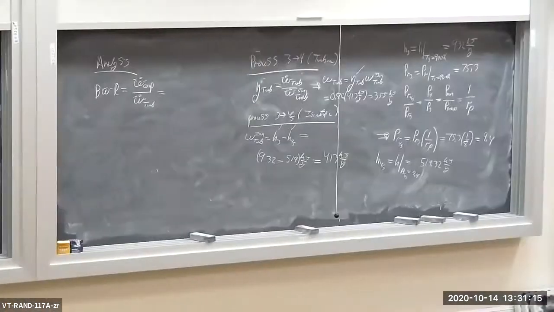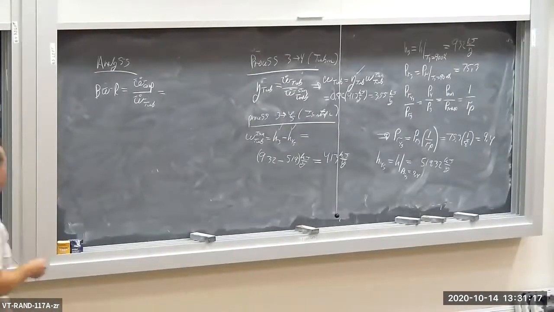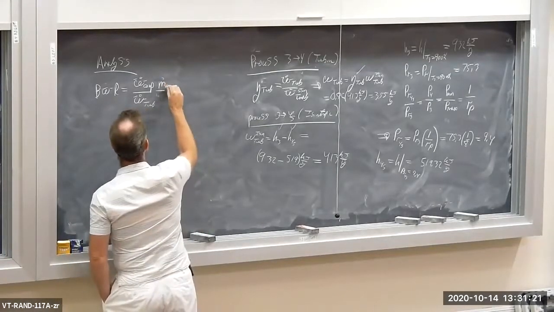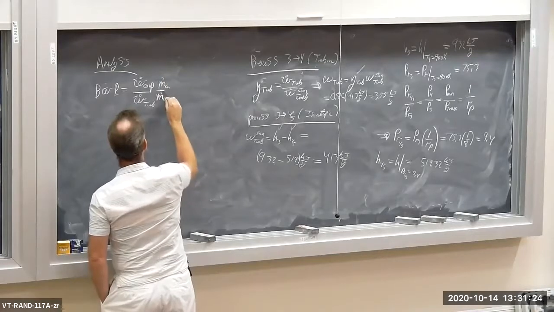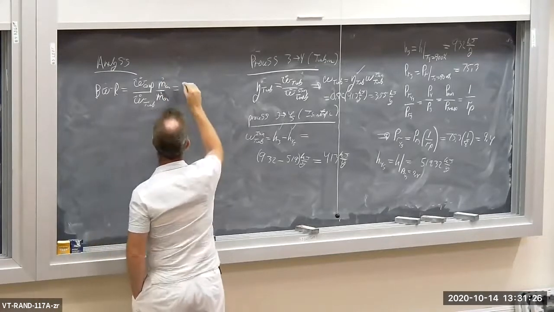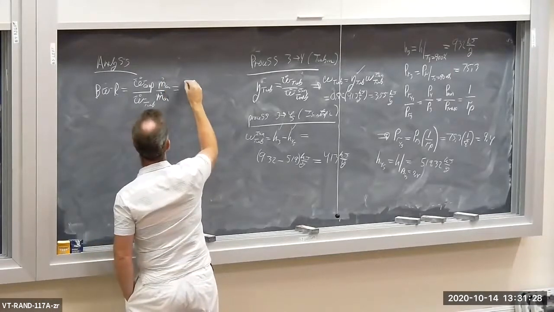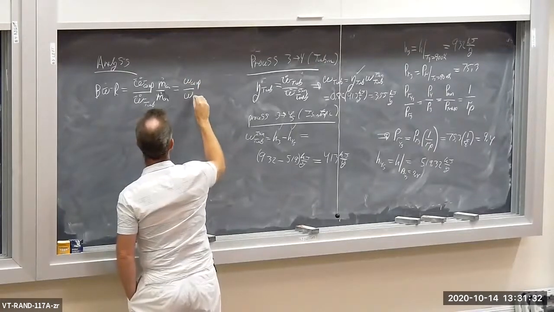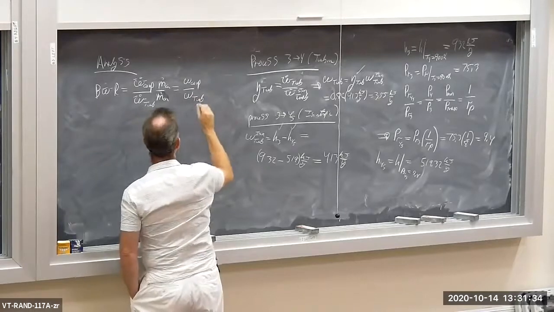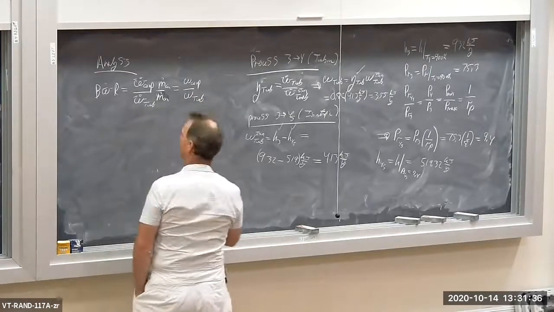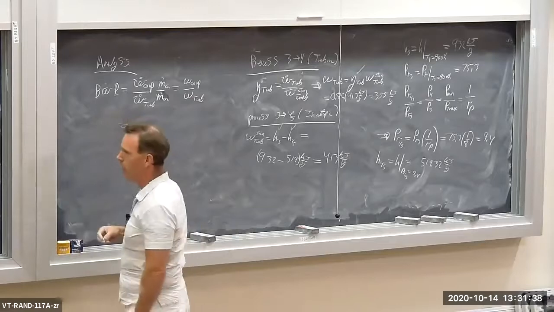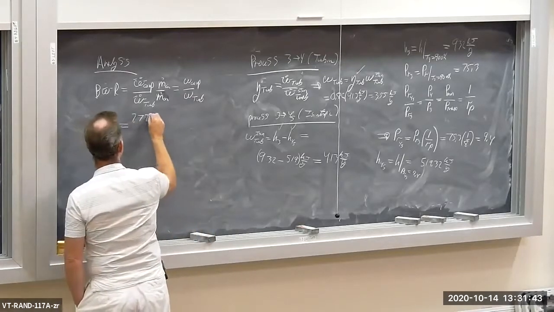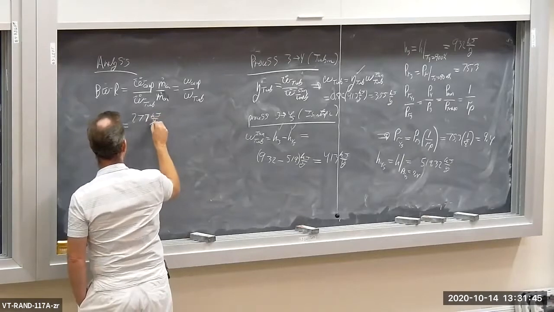Okay? So I'm going to divide top and bottom by M dot air. And I get W compressor over W turbine. Well, I've got W compressor, that is 277 kilojoules per kilogram.